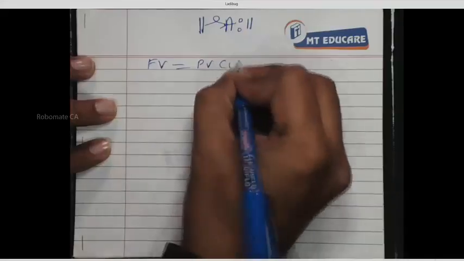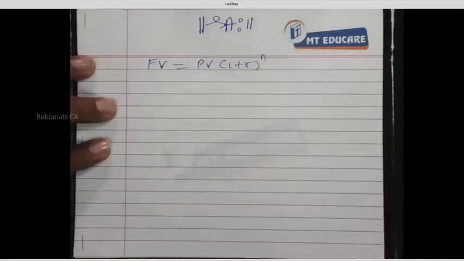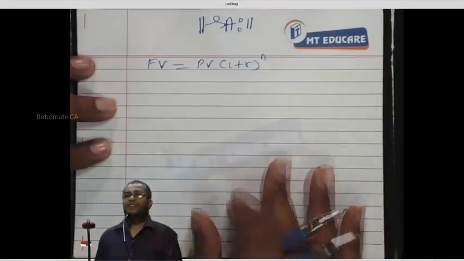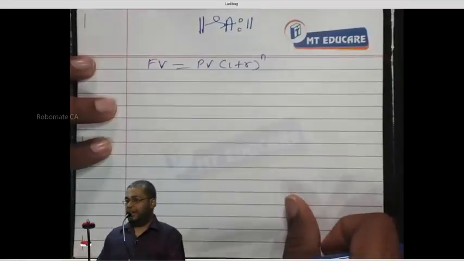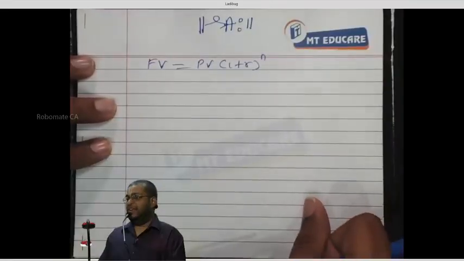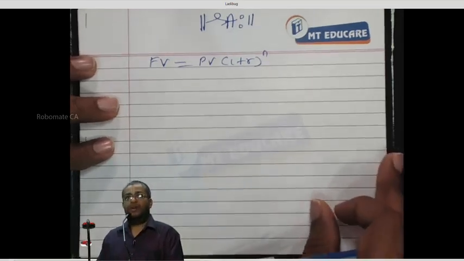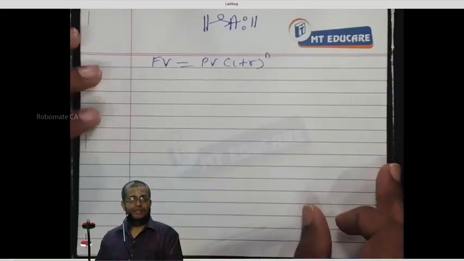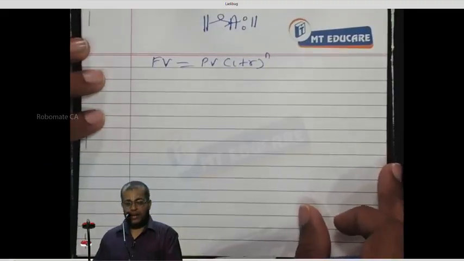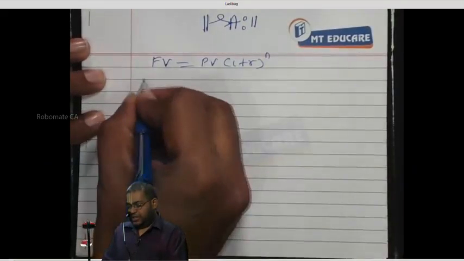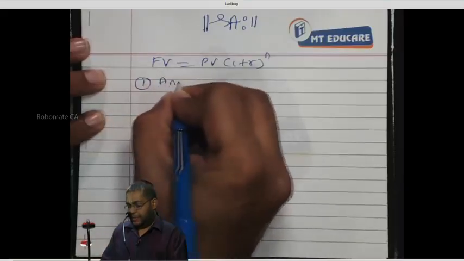Future value is equal to what? Present value into 1 plus r power n. Let us do it together. Future value is equal to present value into 1 plus r power n. Can I start or not? Now, one by one. The first question is what? Annually.